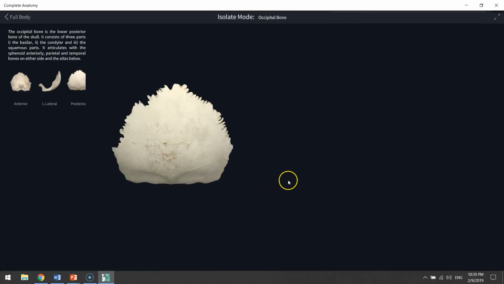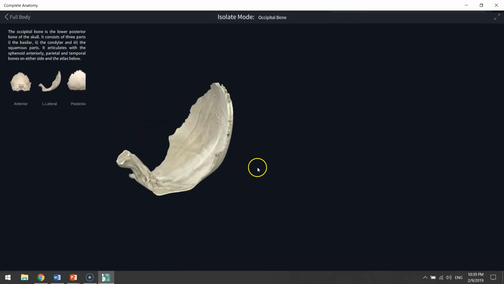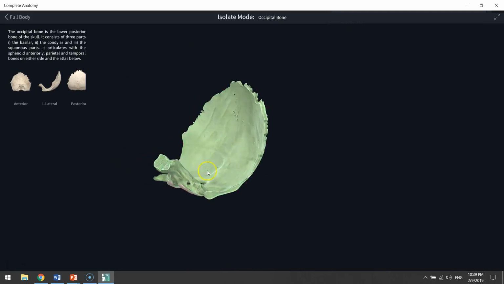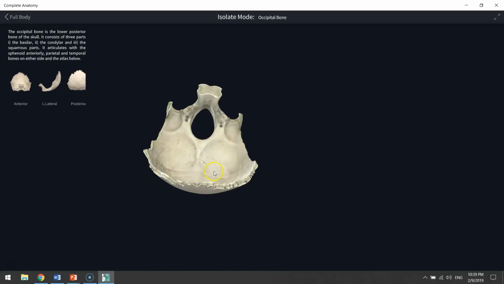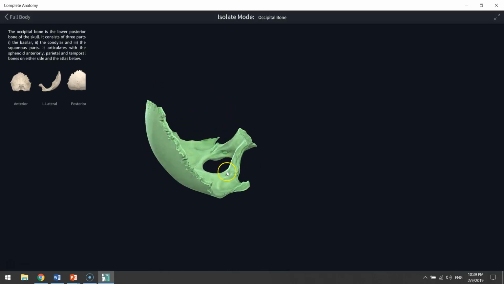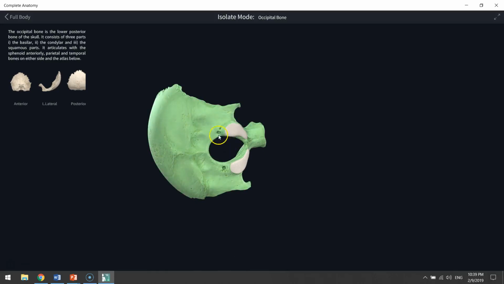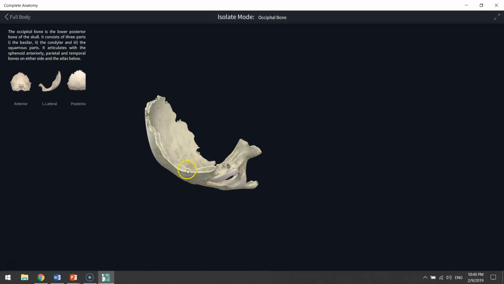If we isolate the occipital bone, we can see its structure in greater detail. You can see from the superior view how it forms the posterior cranial fossa. Lateral to the foramen magnum are the hypoglossal foramina, through which passes the hypoglossal cranial nerve.